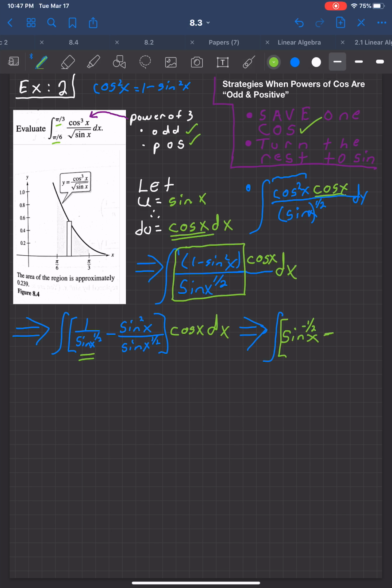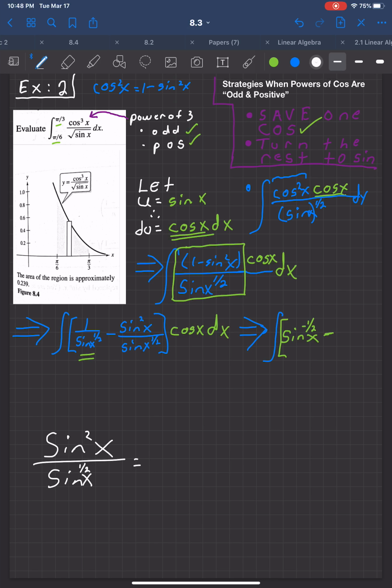If I have sine squared of x over sine x to the 1/2, maybe it would be easier for you, because when you divide like bases, you subtract the exponent.